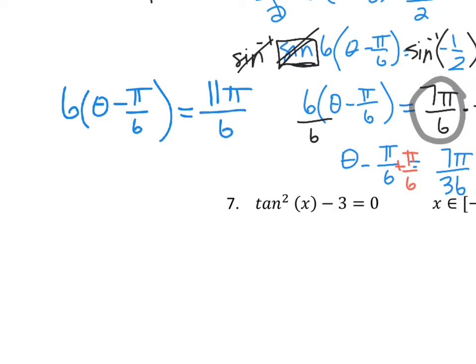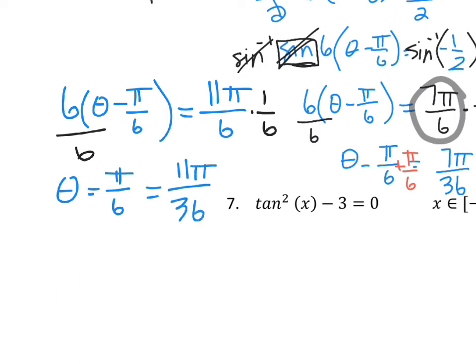And we do the same thing from here. You divide both sides by 6. Then we're going to add pi over 6. I did it again. This is 11 pi over 36. And now I add my pi over 6 again.